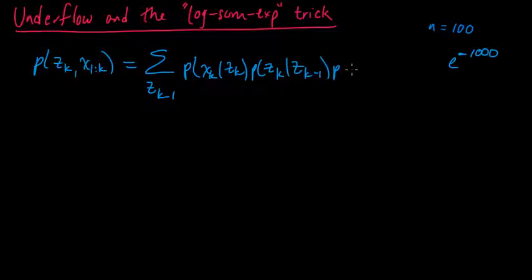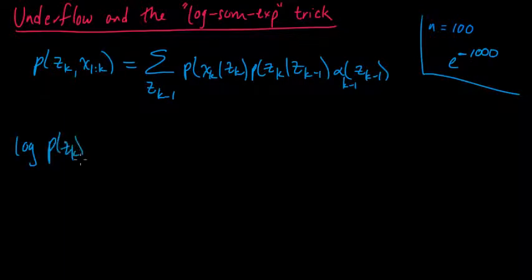This was the thing we had to compute at each step: alpha_{k-1}(z_{k-1}). If we want to work with the logs, this was alpha_k(z_k).